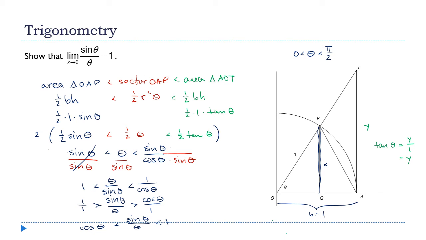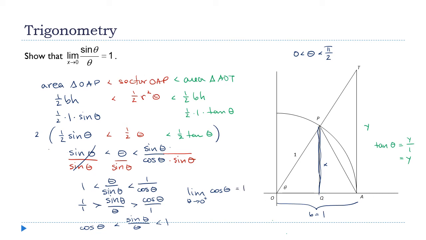Excellent. Now, this is what I need, right? I'm going to take the limit of both sides of this, and I'm going to specifically only take the right-hand limit. The limit as theta approaches 0 from the right of cosine theta is 1. We saw that.